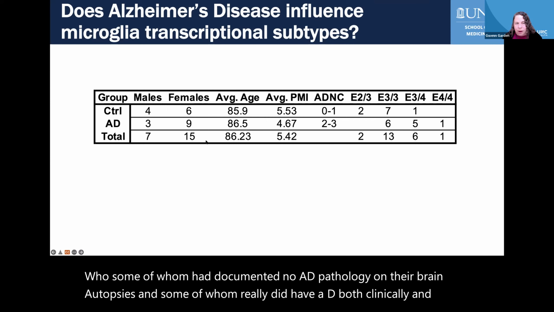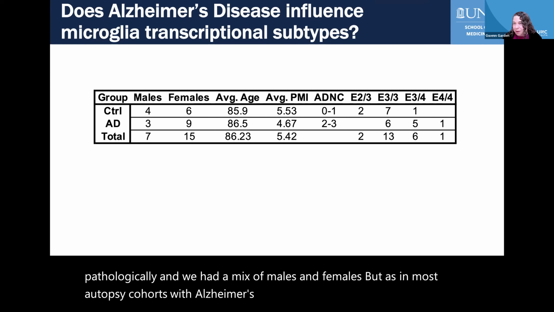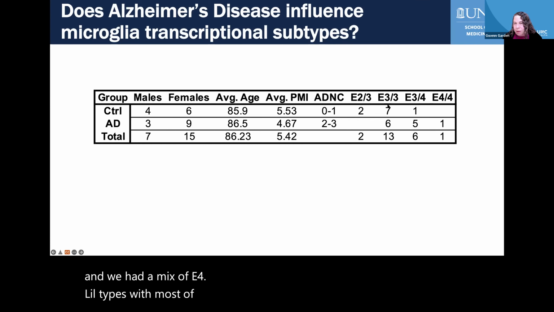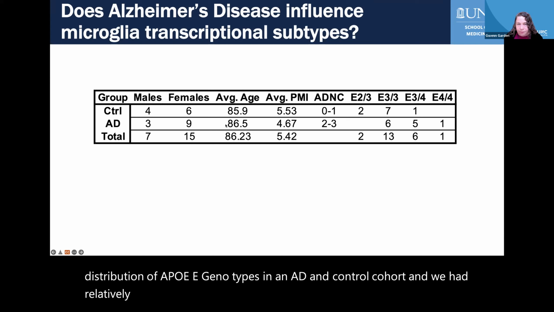We had a mix of males and females, but as in most autopsy cohorts with Alzheimer's disease, we had predominantly females. And we had a mix of E4 allele types, with most of our controls being 3-3. And this is, again, a common distribution of ApoE genotypes in an AD and control cohort. And we had relatively close mean ages.